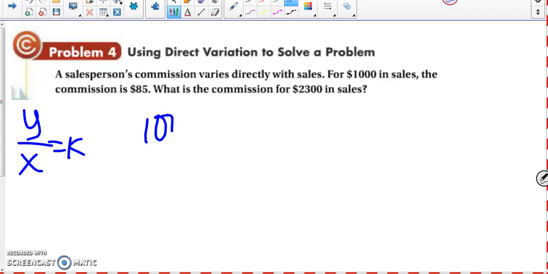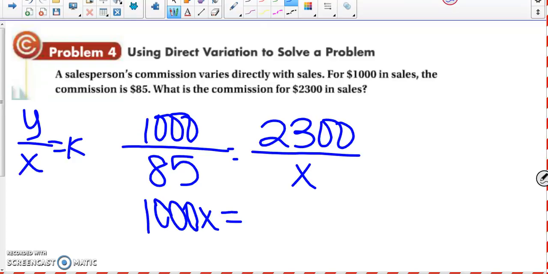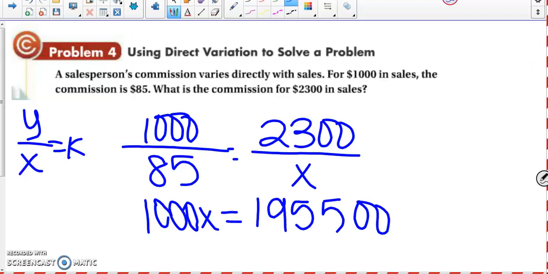So I'm going to have $1,000 in sales to my commission of $85 is equal to $2,300 in sales is to how much commission? So we are going to cross multiply once again. 1,000x is equal to 2,300 times 85, which is 195,500.